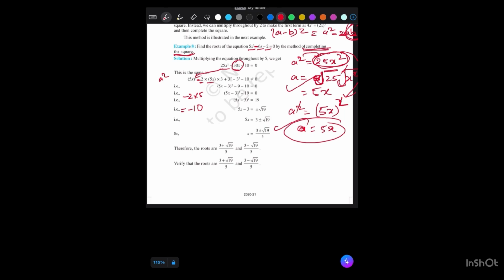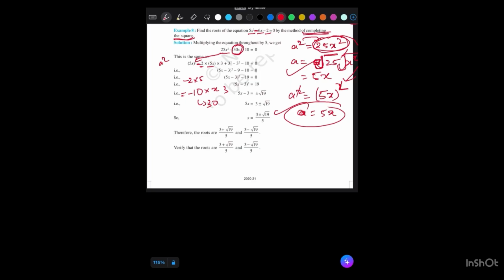But we are having 30x here. So if you multiply one number with 10, you need to get 30. Then what will that be? Obviously it has to be 3, right? Okay, I don't know whether this seems complicated or not, because of the lack of live interaction, I'm not able to look at your expressions.